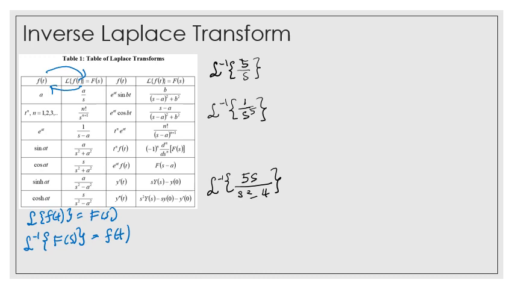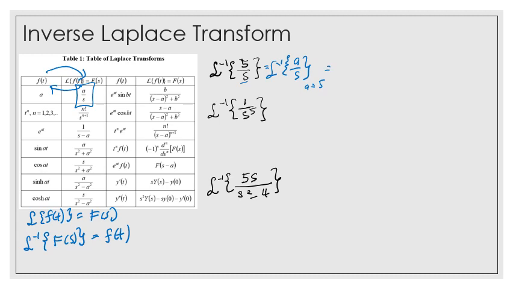Alright, so for example here, we have the inverse Laplace of 5 over s. First we have to look at the pattern of s here. It is located in the denominator. Based on this table, it is similar to this form, a over s. I just copy this one, a over s, where a is equal to 5.